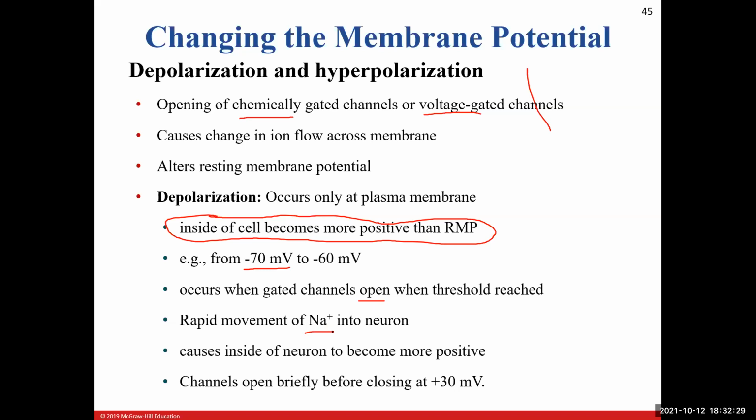It brings its positive charge with it, and the inside of the cell becomes more positive. So much so that we'll eventually reach this value here, +30 millivolts. And then those sodium channels will close. Boom. Almost as quickly as they open, they close.